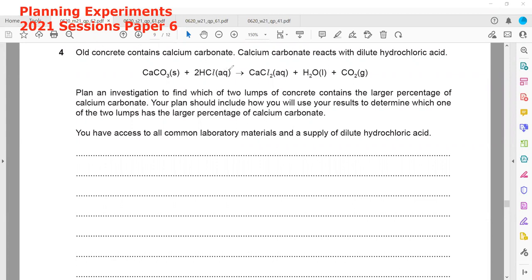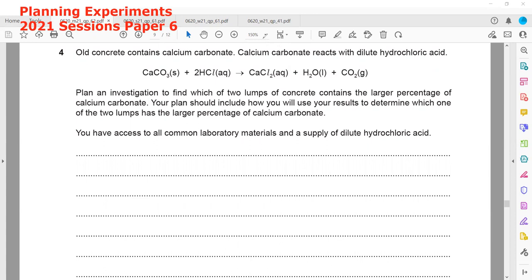Old concrete contains calcium carbonate, and calcium carbonate reacts with hydrochloric acid. So calcium carbonate plus hydrochloric acid gives calcium chloride, water, and carbon dioxide. We have to plan an investigation to find which of the two lumps of concrete contains a larger percentage of calcium carbonate.